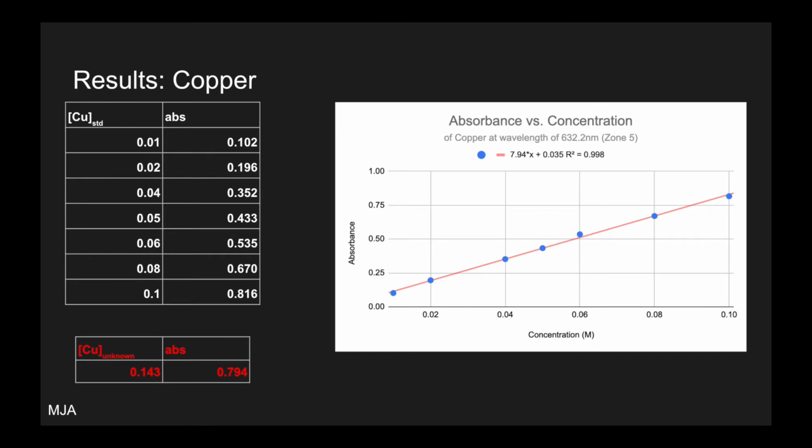From the tabulated data, an equation was found relating absorbance to copper concentration. The equation that was derived was absorbance equals 7.94 times molarity plus 0.035. The unknown concentration of copper in Zone 5 was found to be 0.143 plus or minus 0.002 molar.